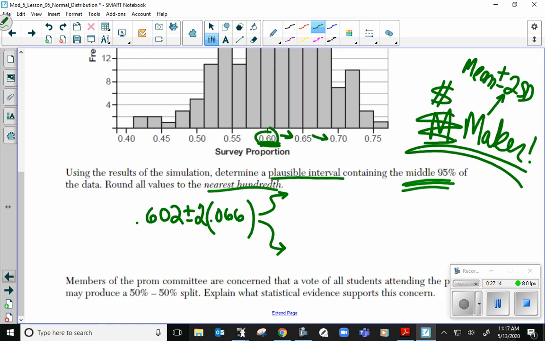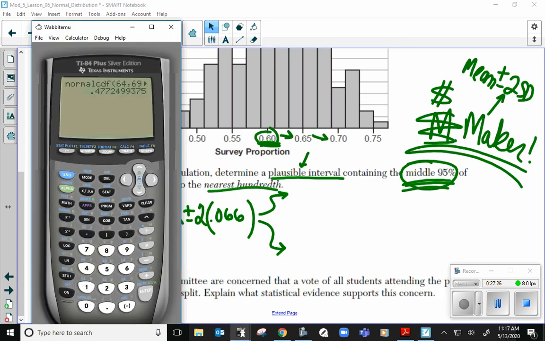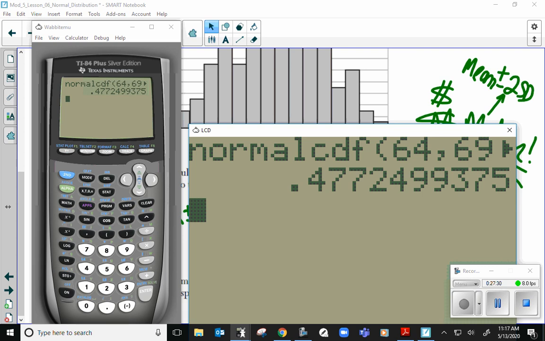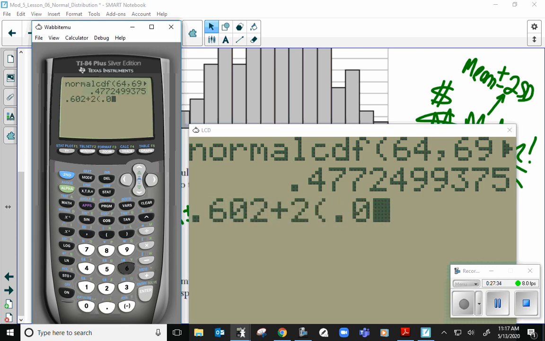It's a common occurrence. So you might not have understood that this meant common or usual, but when they say this, you should know that big time. And as usual, we're going to use our calculator because we don't want to make any boo-boos. So I'm going to say 0.602 plus 2 times 0.066, bang, 0.734.